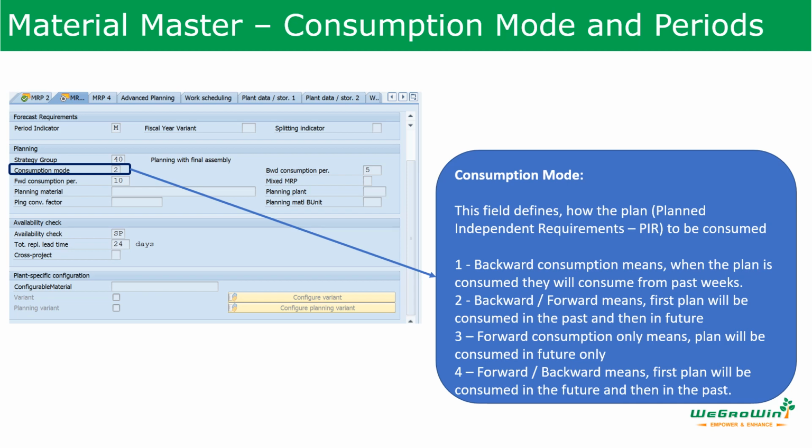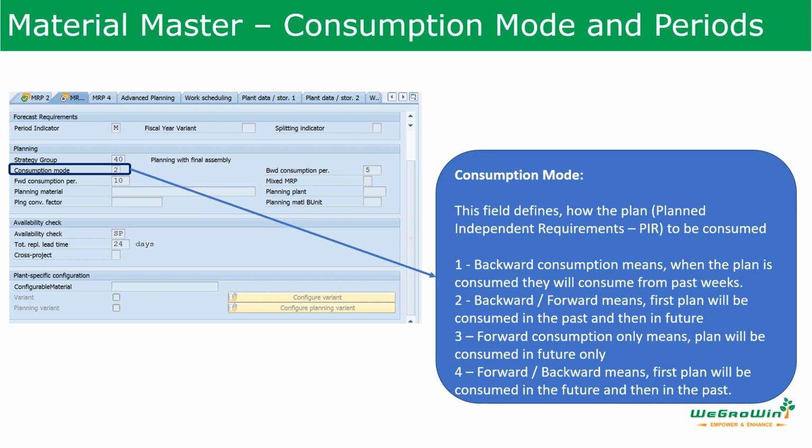At that time we can consume in the backward direction. So it depends on the criticality and the nature of the business, whether we are going to maintain the plan in the past, so that based on the plan we keep some materials, or we don't want to maintain any backward, we want to see only forward. So based on these parameters, we need to select the right consumption mode.